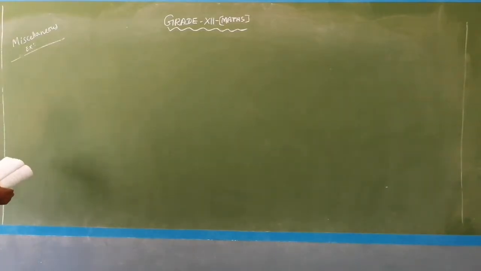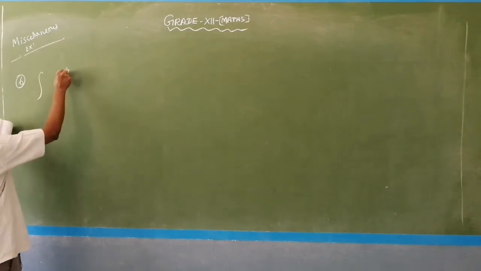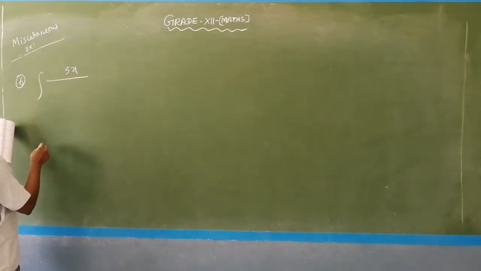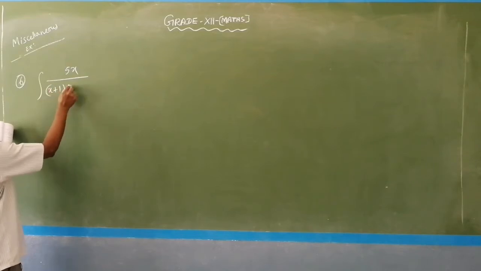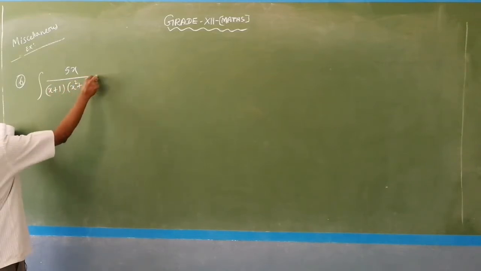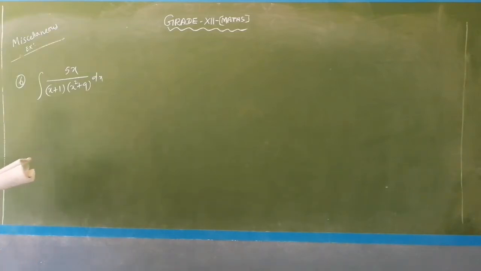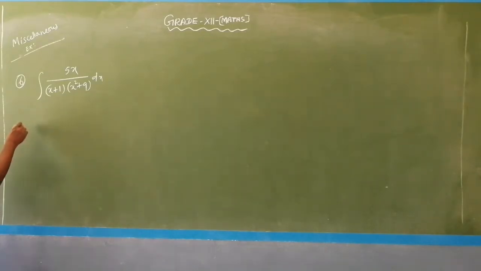Next question number 6. Integral 5x divided by x plus 1 into x square plus 9 into dx. Let us use partial fractions for this.